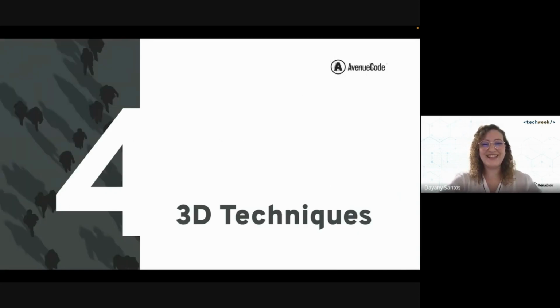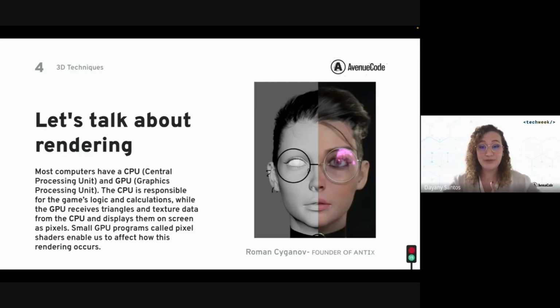Okay, so let's get to what matters in this presentation. But before, I want to talk about rendering. Most computers have a CPU, Central Processing Unit, and a GPU, Graphics Processing Unit.